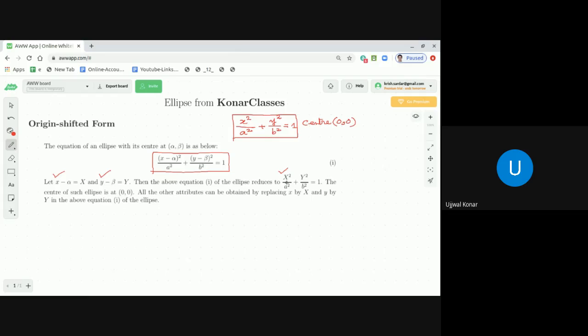The center of this ellipse is at the point 0 comma 0. And the other attributes can be obtained by replacing x by capital X and y by capital Y.